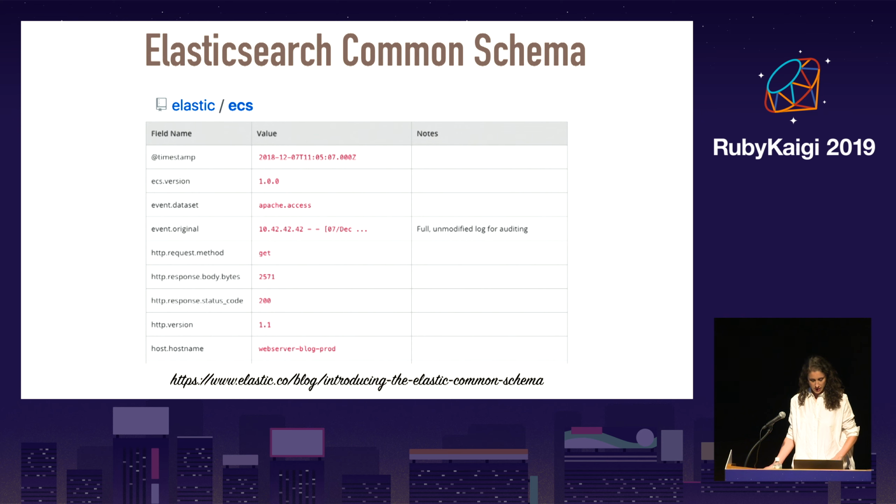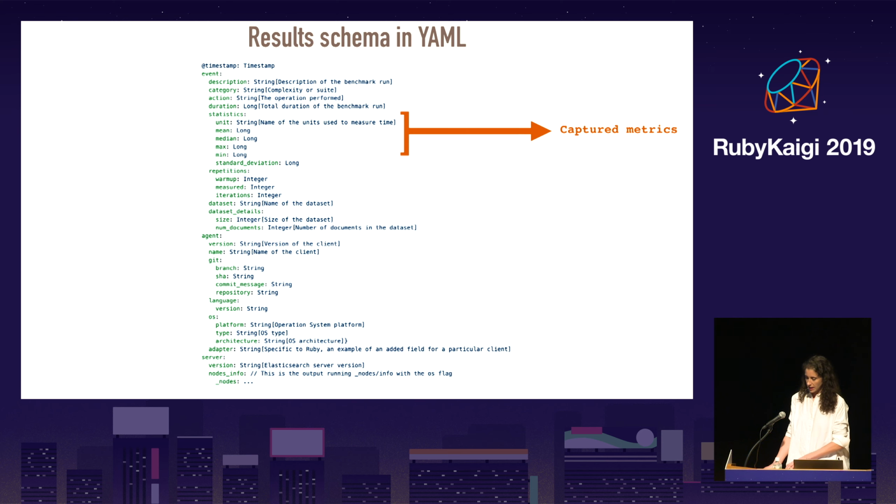And so we said, okay, anytime in the benchmarking result schema that there is an equivalent field in the Elasticsearch Common Schema, we want to use that field so that everything is consistent. So if we have these benchmarking results indexed into a common data source along with the other events in the Elastic ecosystem, we can have a common way of querying everything.